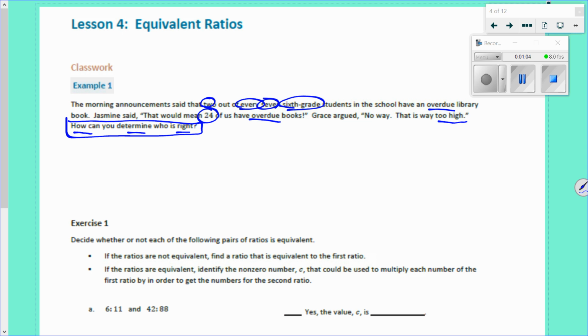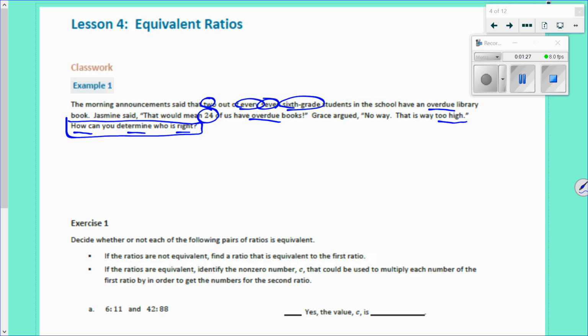So let's start with a tape diagram. In our tape diagram, what is it going to look like? How many boxes are going to go on top? What's the first number that was listed? 2.